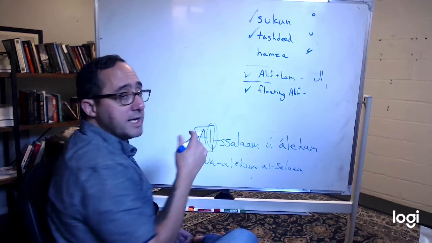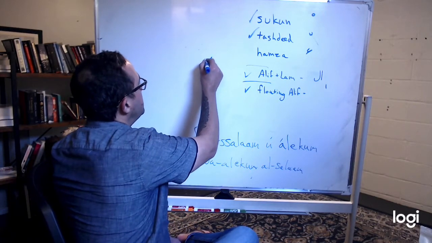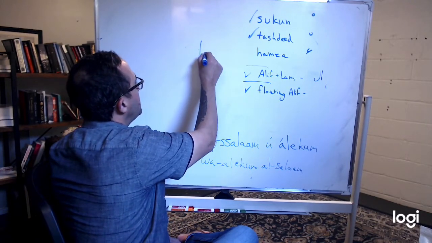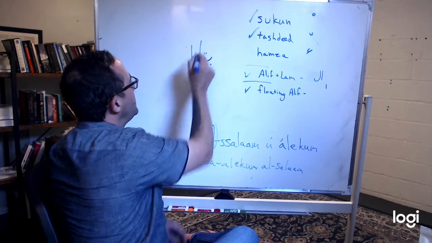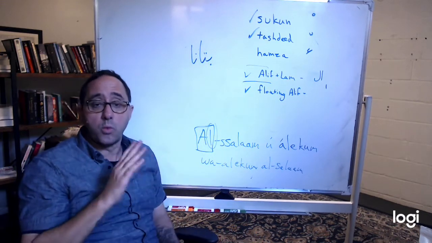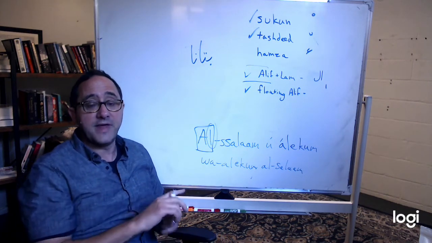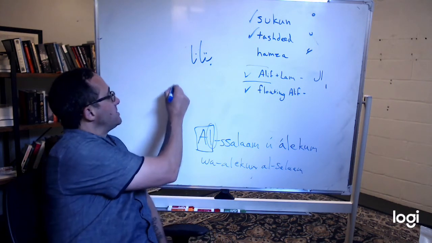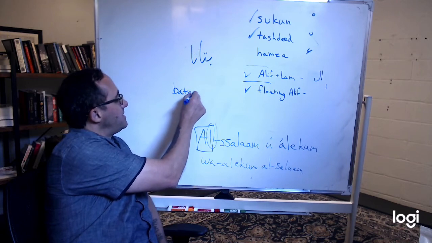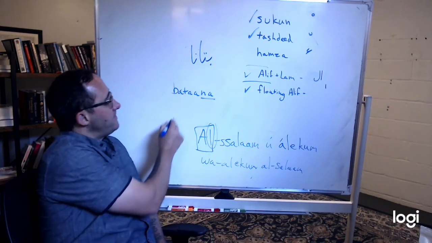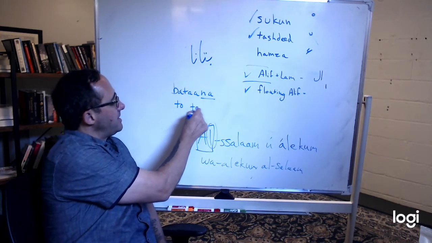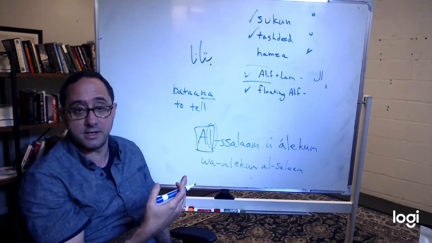Okay. If I take the word batana, if I haven't discussed it yet, when verbs are in their infinitive form, they have na at the end. So it would be batana. This is to tell someone something.